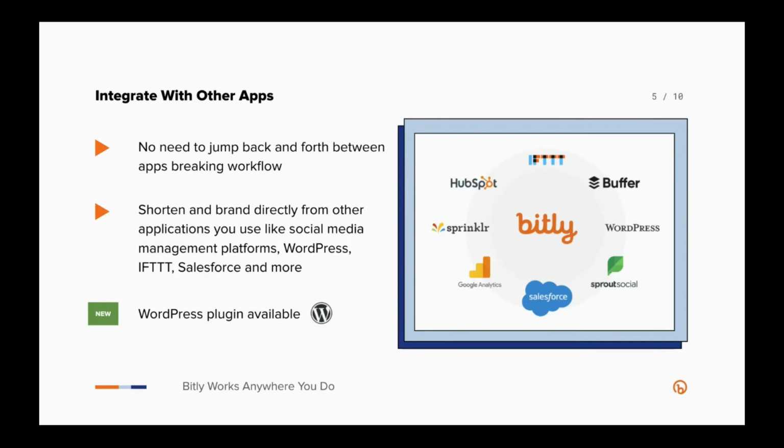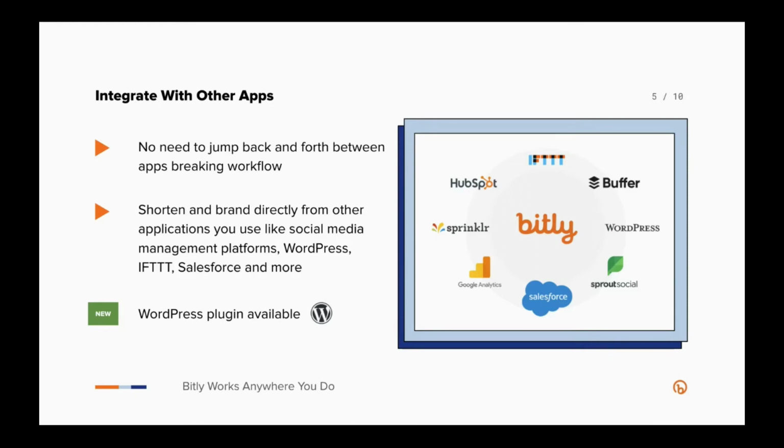And another question here, is it possible to customize the back half of a branded link via Zapier? That is a very good question. That is a common integration that we have with Zapier for a lot of different ways.